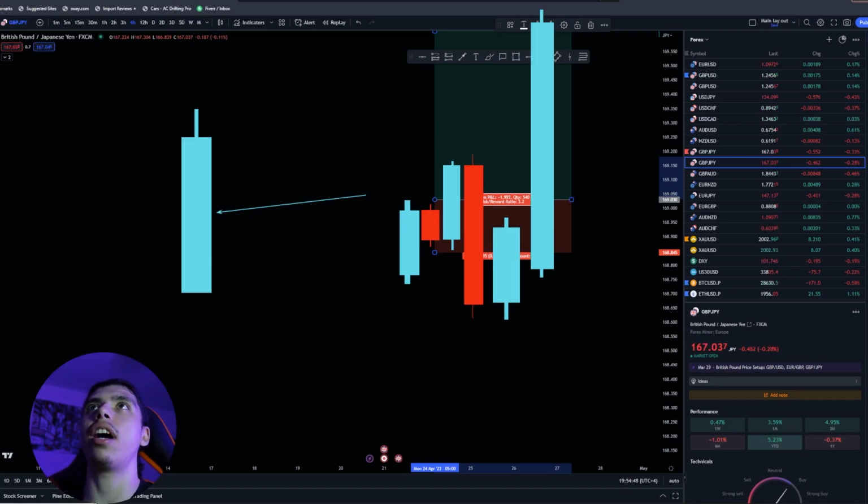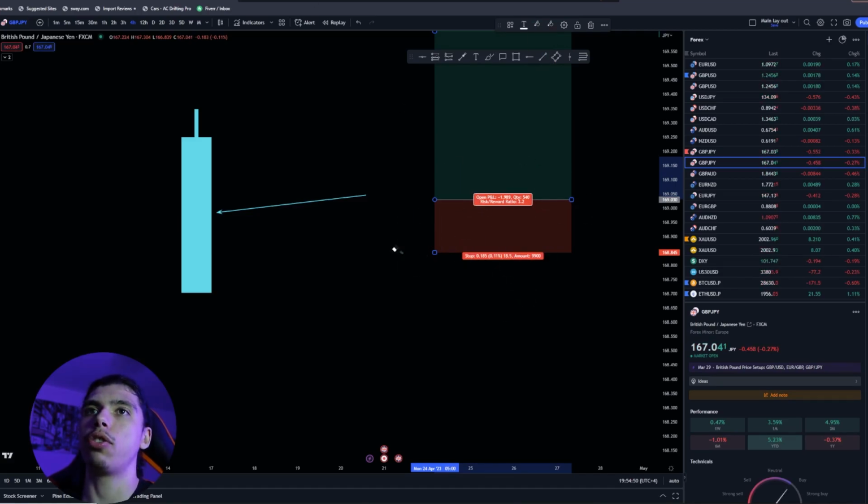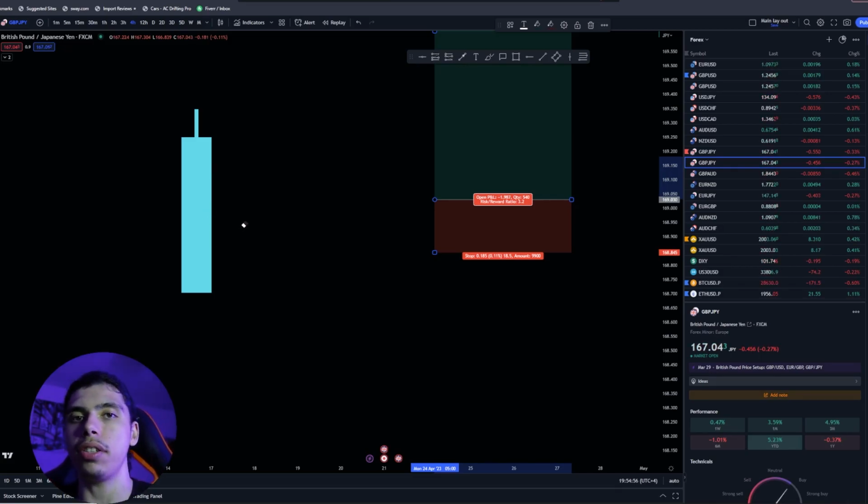But if we take this scenario on the 15-minute, so let's say that this was a 15-minute candle right here, and that did not have a bottom wick, it kind of changes, because if the hour has a bottom wick, the 4 hour has a bottom wick, and the 30-minute has a bottom wick, one 15-minute candle we don't have to worry about too much. Why? Because if we're trading, let's say at London open, there might be a quick burst of volume, and we don't want to miss the trade.